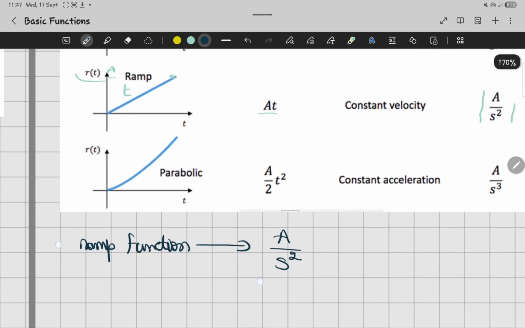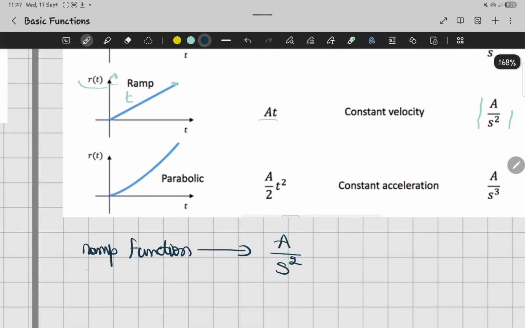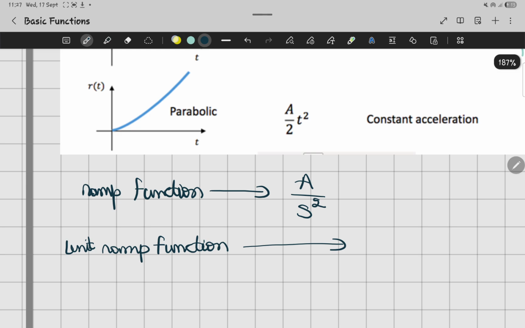Now here comes the other question: what is a unit ramp function? The meaning of unit is just saying that the value of A equals 1.